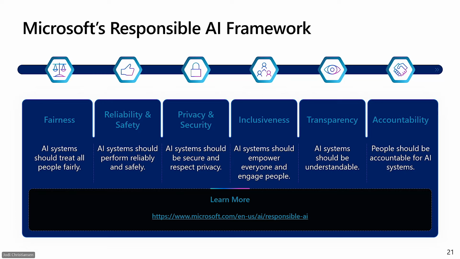AI features, just like any other features, are designed with privacy and security in mind as a priority zero. Systems are designed to be inclusive of people of all abilities. They're designed such that the information displayed can easily be understood and without a risk of misunderstanding. They're designed such that the humans can be in control and be accountable for it.